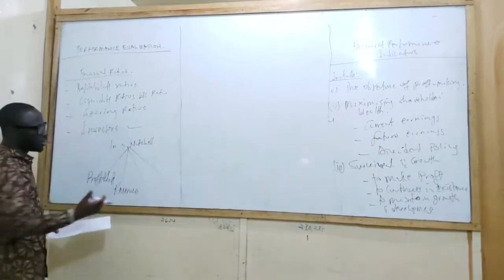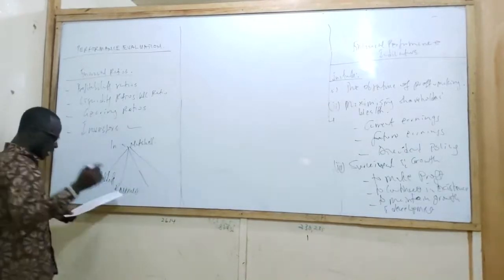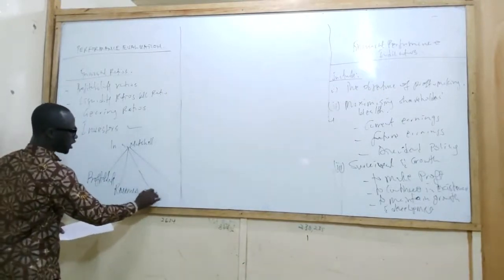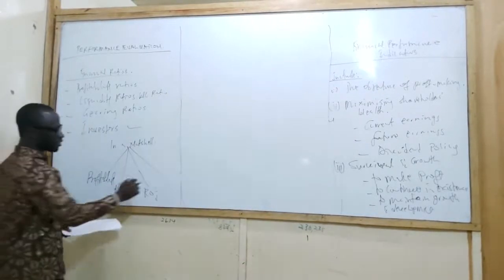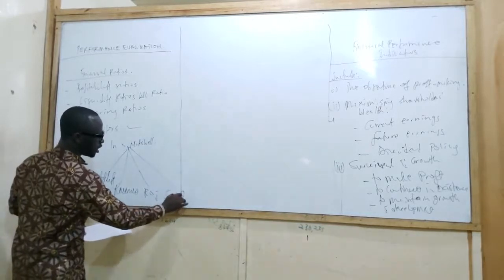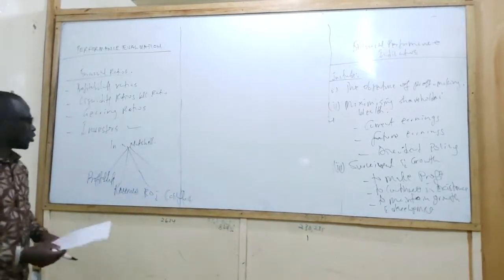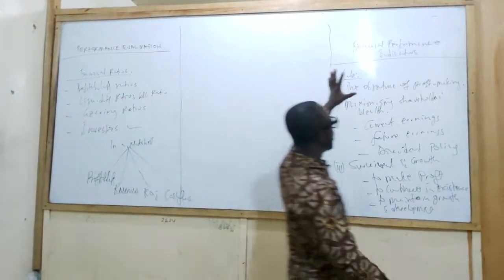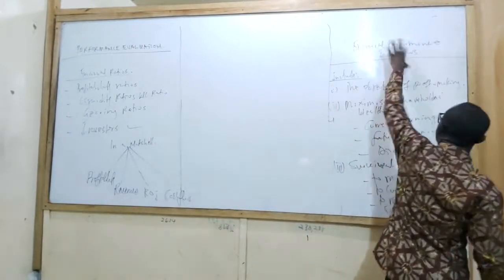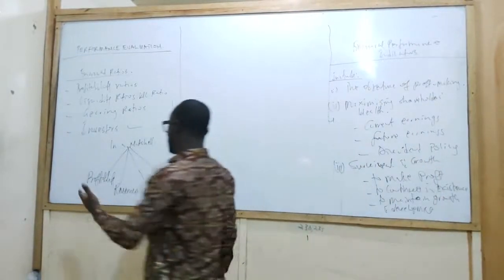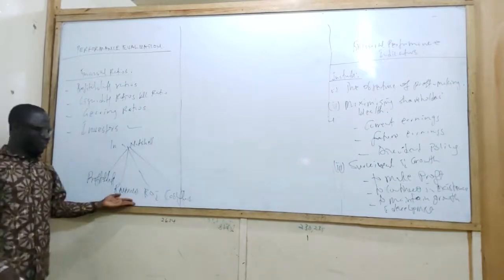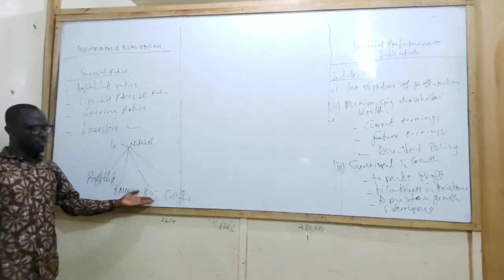Is revenue growing or falling? Number three, the return on investment that we have made. Number four, the cash flows of the company. So in a nutshell, the financial performance indicators that will be used are profitability, revenue, return on investment, and what?